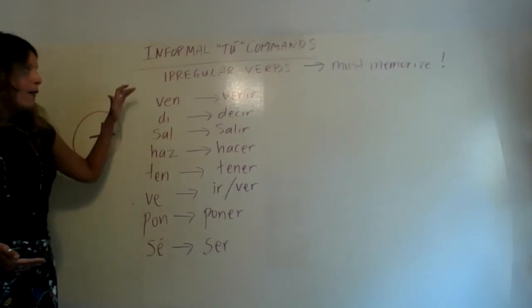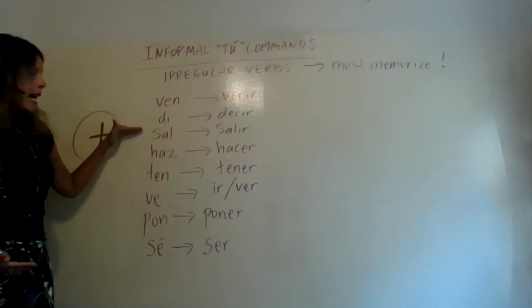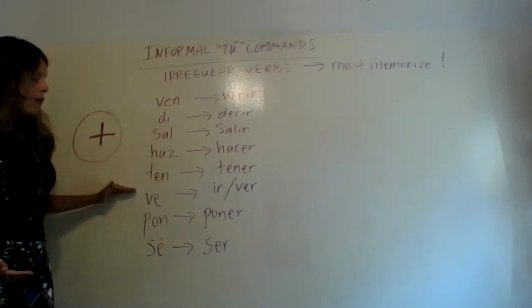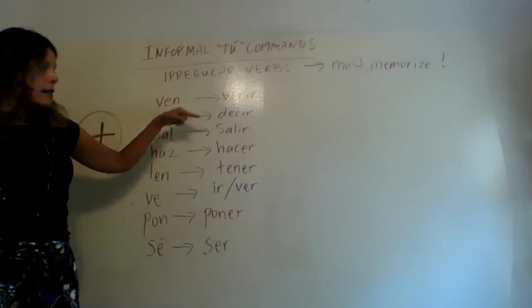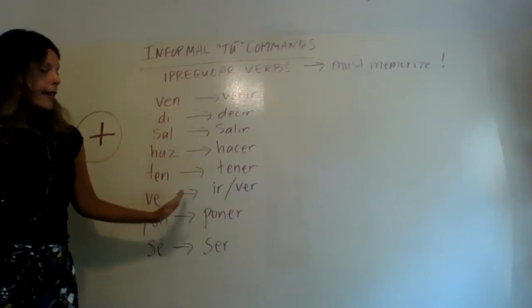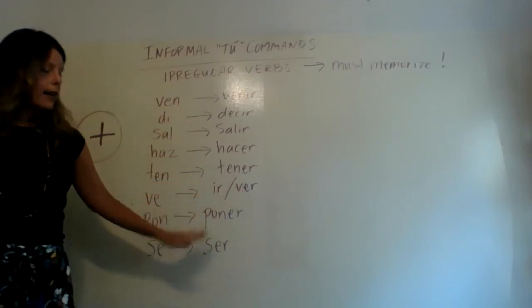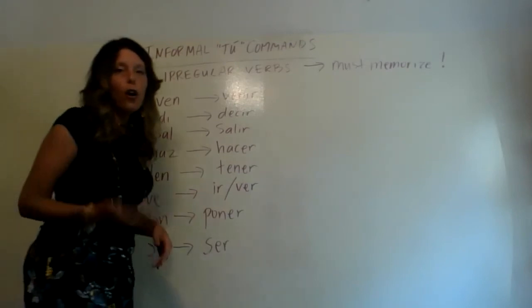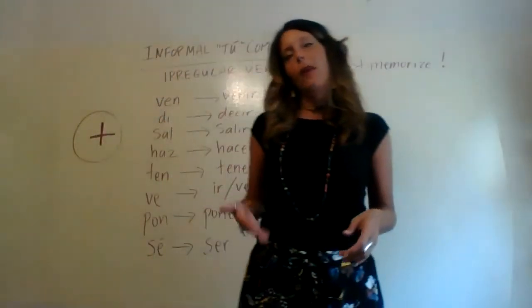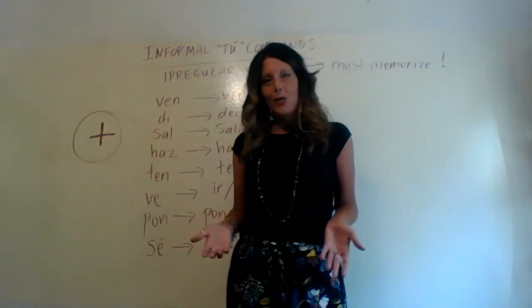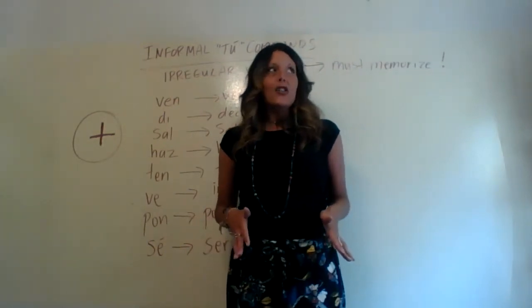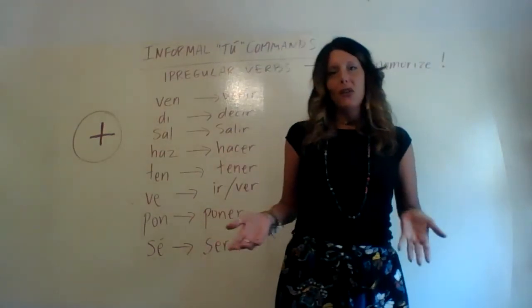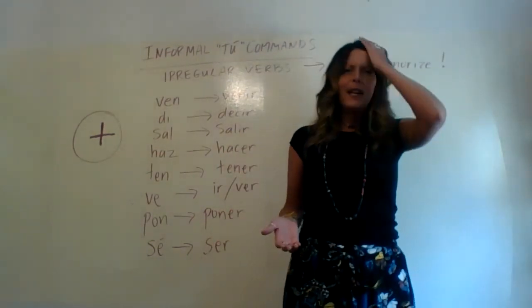So we have ven, di, sal, haz, ten, ve, pon, sé. For venir, decir, salir, hacer, tener, ir or ver, poner, and ser. Remember, these are all the affirmative informal tú commands. And I said that I would end this short video by telling you some kind of dumb little thing that sometimes certain course materials, or most of the time in high school, they teach.